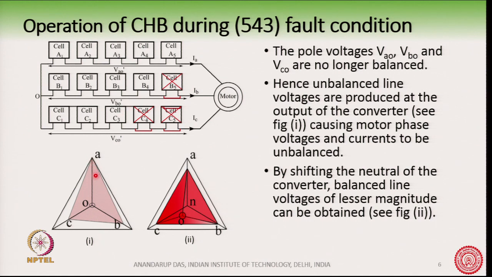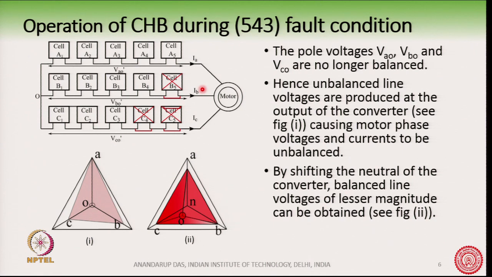You can see here AO, BO and CO, these 3 phasors have become unbalanced. If this becomes unbalanced, definitely the line voltages become unbalanced. And if the line voltages become unbalanced, then unbalanced current will flow into the motor, which is not at all advisable and not recommended.